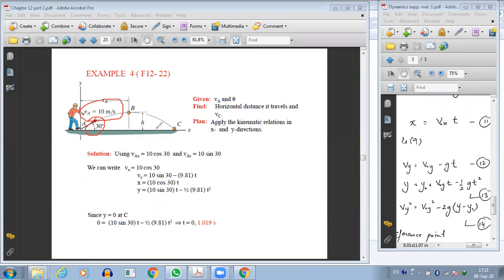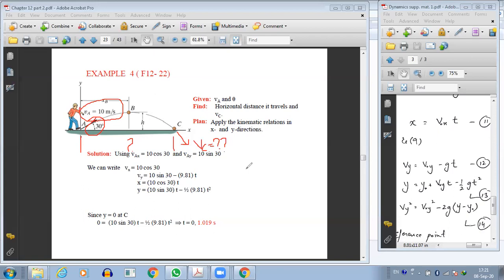What do we need to find? Find the horizontal distance it traveled and the VC. How much is this horizontal distance? And at this point, whatever the velocity VC is, how much is VC? This is what we need to find.